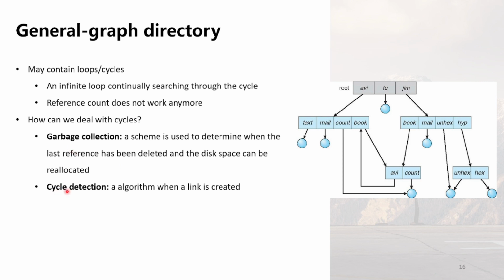Second, cycle detection. This algorithm is executed when a link is created. It checks for the possibility of creating a cycle and prevents it, thus ensuring that the system remains free of loops that could cause problems. These methods are crucial for the maintenance and efficiency of file systems that use general graph directories.